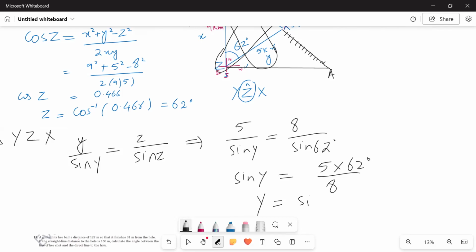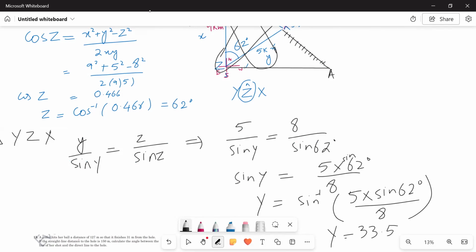So we can use sine inverse of sine 62 degrees times 5 over 8 and find angle Y. So what is angle Y? I am getting 33.5.